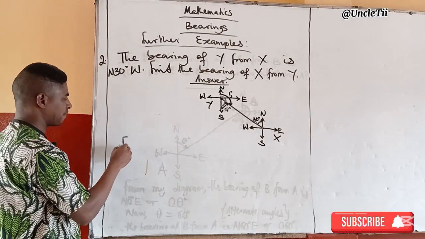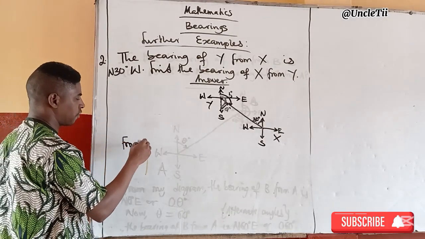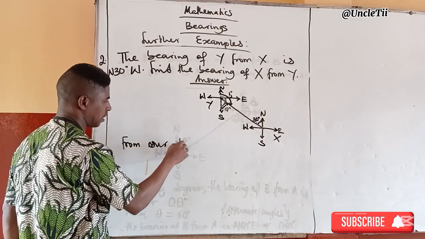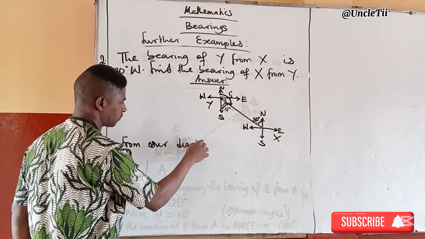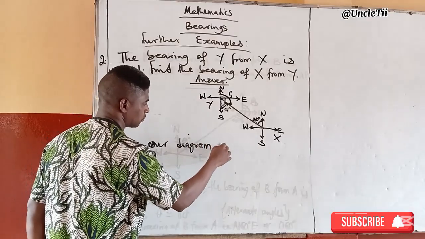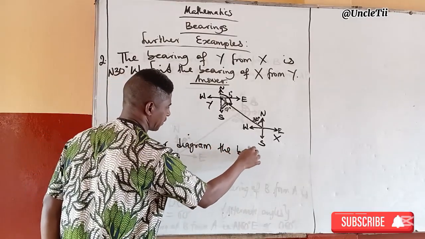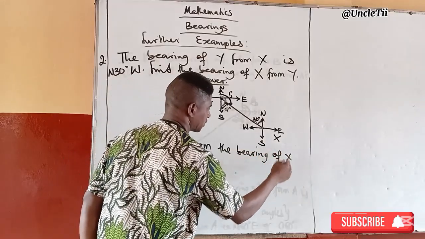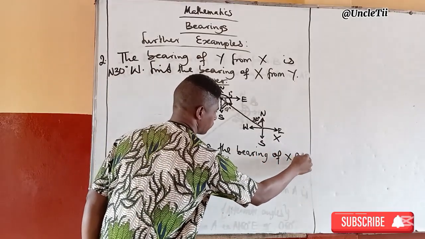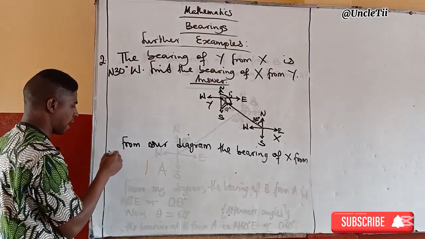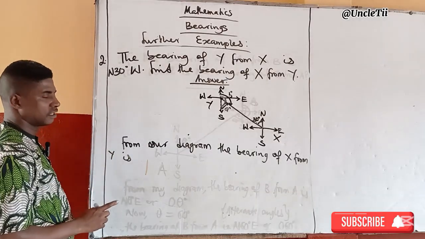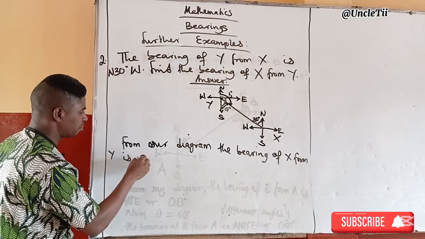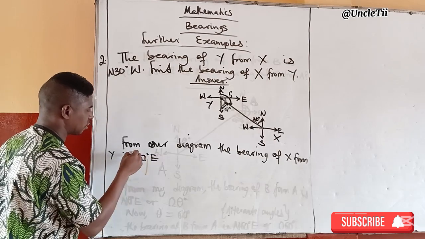So from our diagram, the bearing of x from y is, if we are using compass bearing, a degrees east of south.